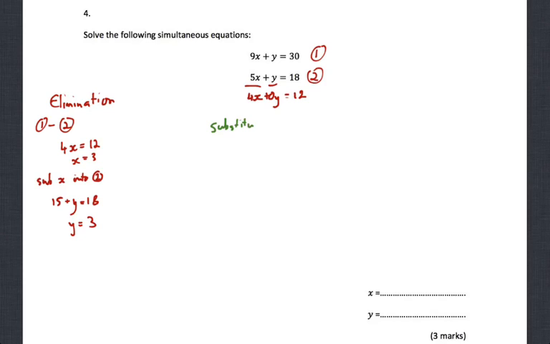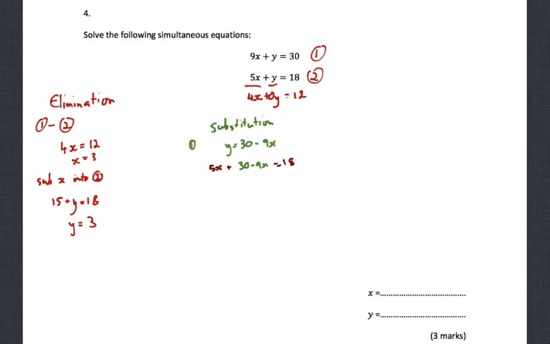If you use substitution instead, then you might have done the following. You might have rearranged equation 1, so equation 1 would become y is equal to 30 minus 9x. Then you might have subbed this, 30 minus 9x, into equation 2. So you get 5x plus y, and y is 30 minus 9x, and that's equal to 18.